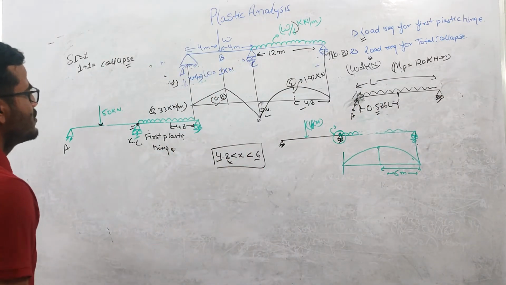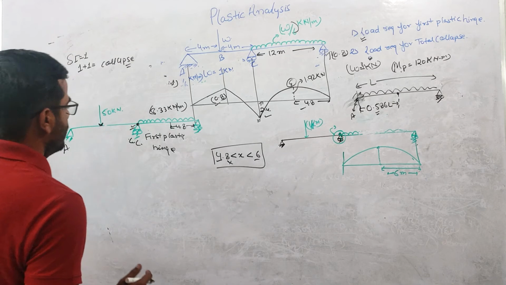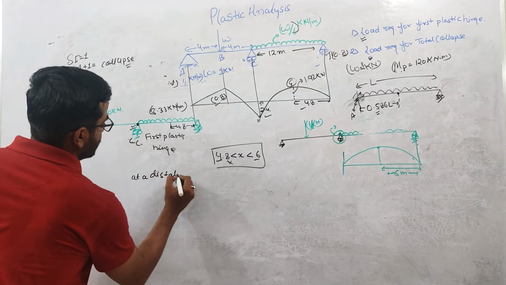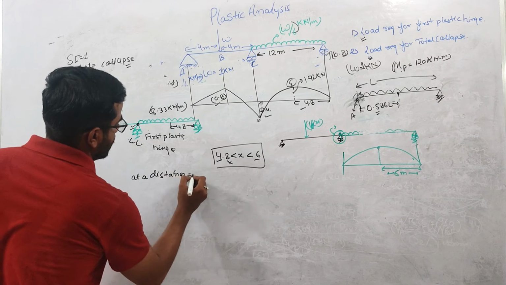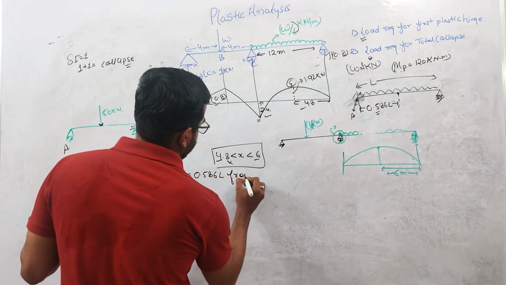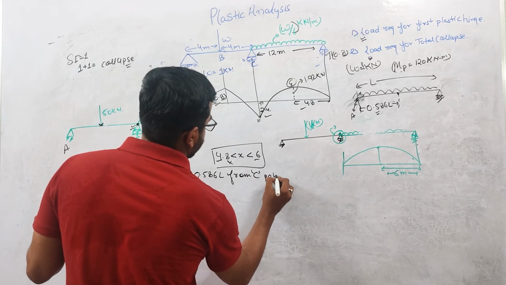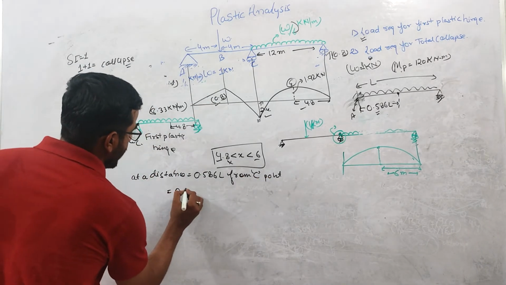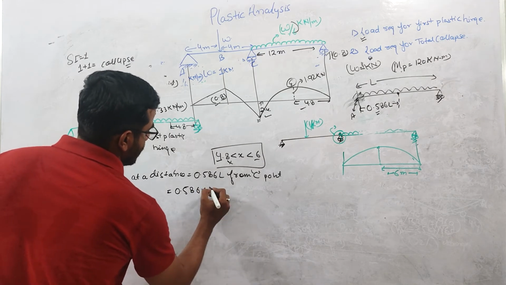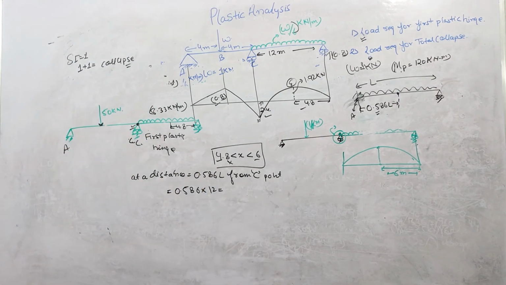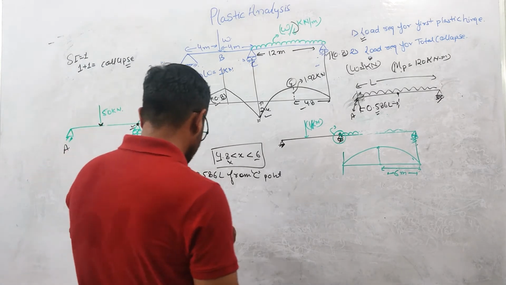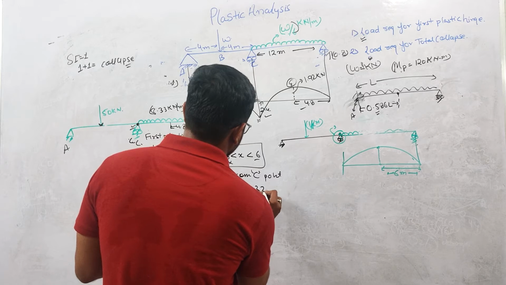So the next plastic hinge will form at a distance 0.586 L from point C. Okay, and what will be the value? 0.586 into L. L is nothing but 12 meter. So this value will be 0.586 into 12, 7.032.